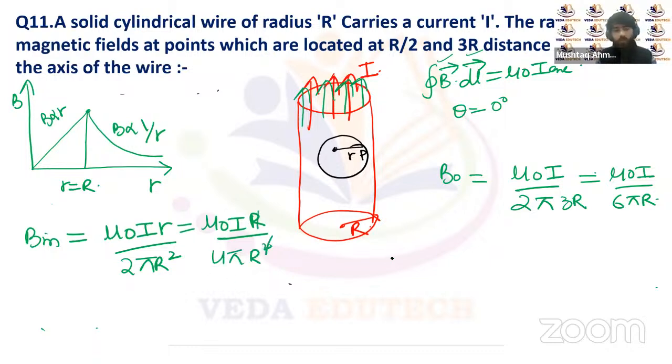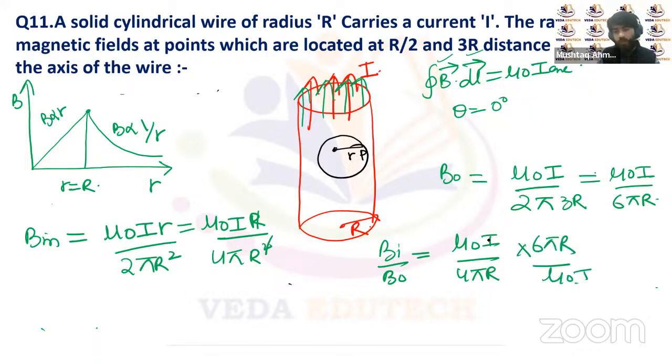Now we have to calculate the ratio between them. So B inside upon B outside will be mu naught I upon 4 pi R multiplied by 6 pi R upon mu naught I, right? So this and this will get cancelled. Pi R and pi R will get cancelled. We'll be left with the ratio as 3 upon 2. So this is the ratio B inside upon B outside.